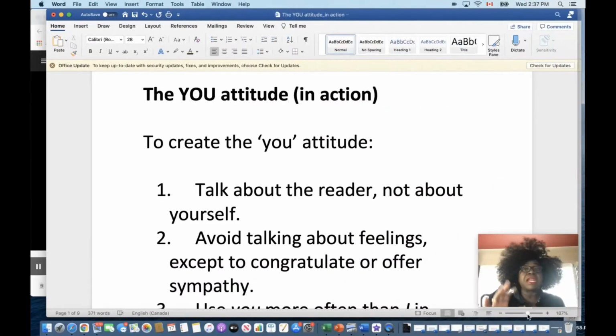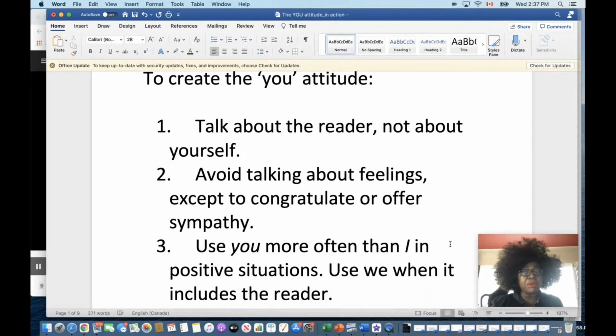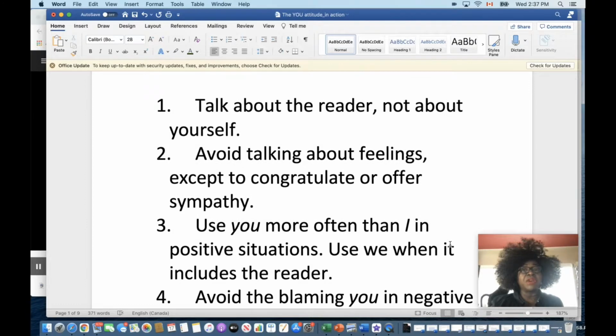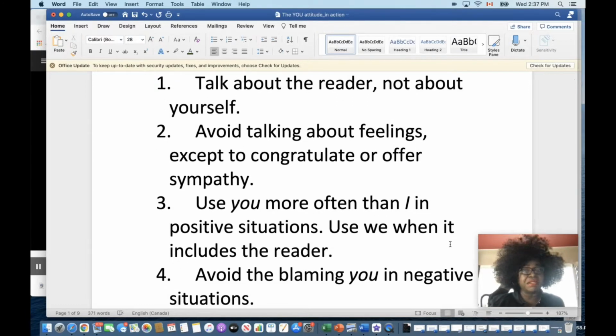Now that we've gotten that out of the way, let's talk a little bit more about the you attitude. Now there are at least 4 ways that you can create the you attitude. You can do this by talking about the reader, not yourself. You do this when you avoid talking about feelings, except to congratulate or offer sympathy.